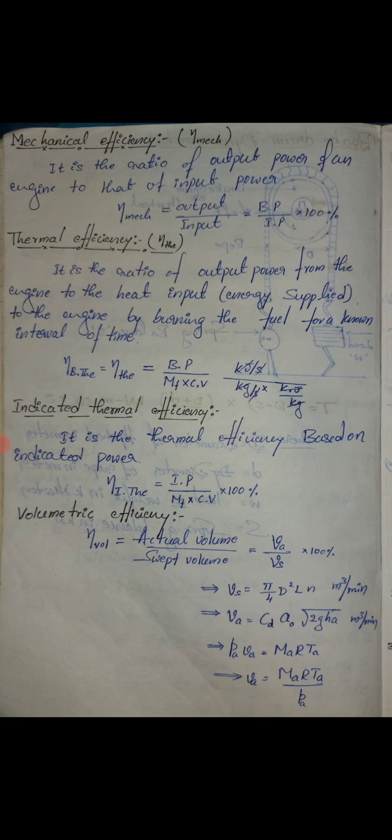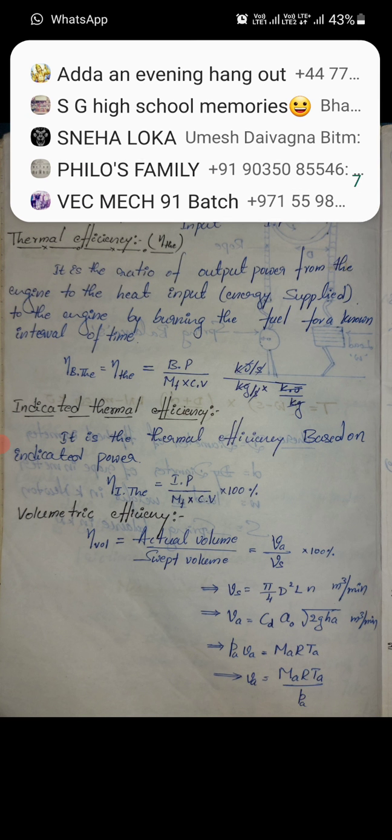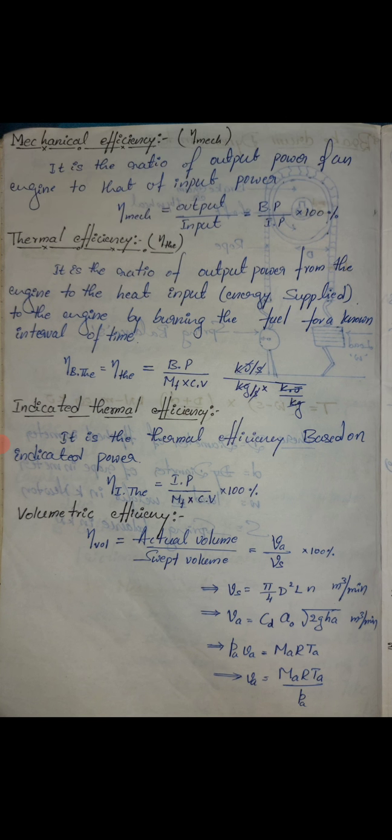MF, that is M suffix F, is the mass of the fuel that you are going to supply, and CV is the calorific value of the fuel. The calorific value varies for different types of fuel: for petrol it is different, for diesel it is different, for kerosene it is different, and also for gas it is different.